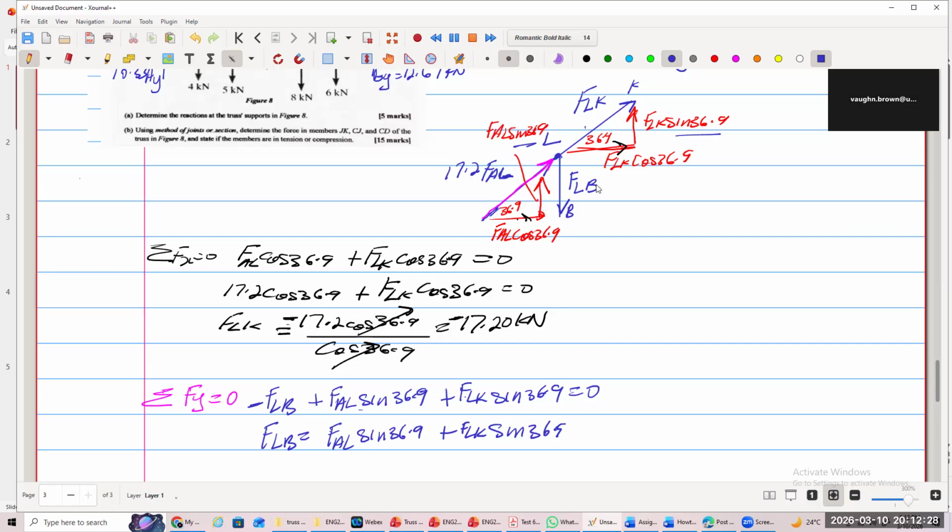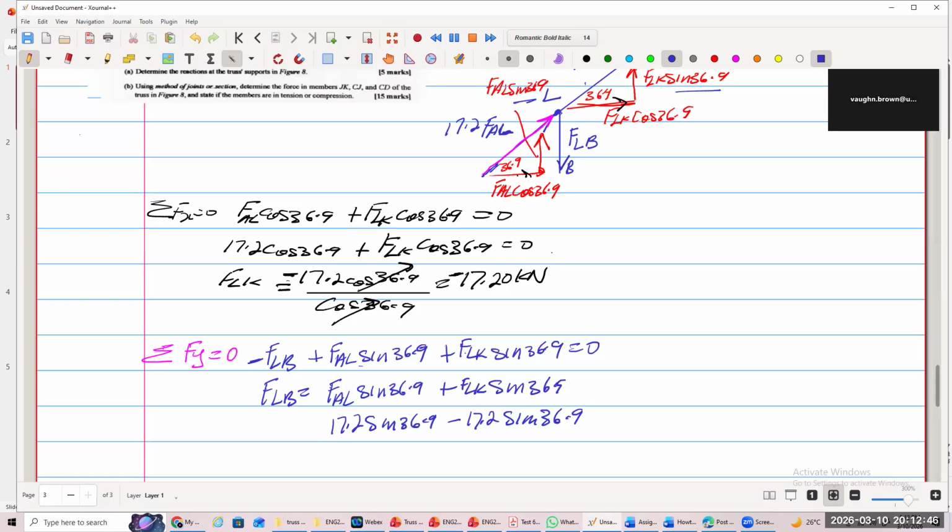What is the result? 17.2 sine 36.9, while FLK is minus 17.2 sine 36.9. What does that tell you about FLB? Who realizes what it is? What's the value of it? It's a zero force member, so it's 0. FLB is a zero force member.